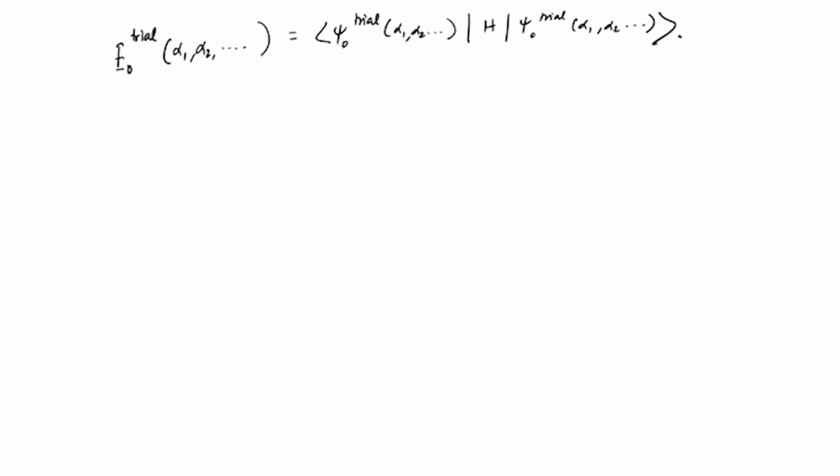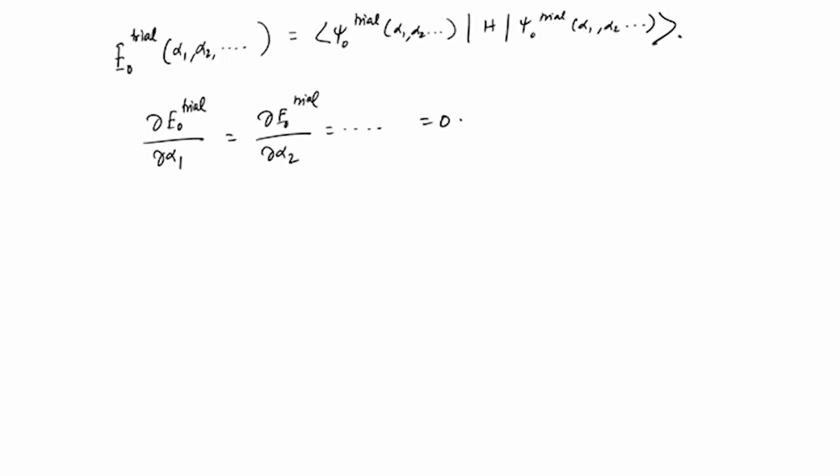What you do is find alpha 1, alpha 2 by putting del E0 trial del alpha 1 equal to 0, del E0 trial del alpha 2 equal to 0, and so on. Calculate alpha 1, alpha 2 and put them back into psi 0 trial.